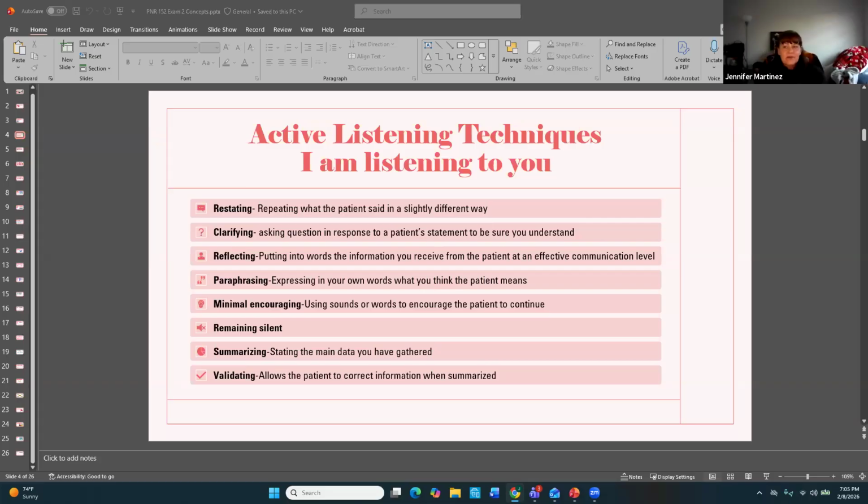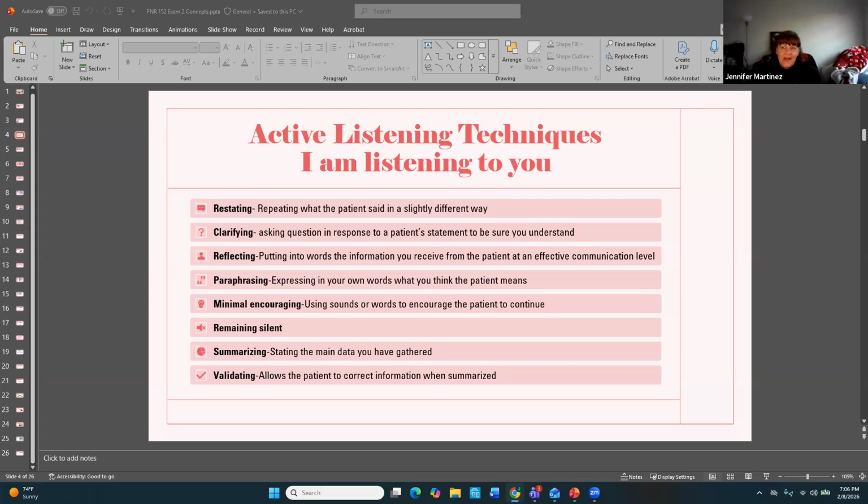Minimally encouraging, those are the words to encourage someone to continue. When you think about just listening to somebody tell a story or talking about something that's happened to them, and you're like, uh-huh, go on, what happened next? You're just giving them those little words to encourage them to keep going.